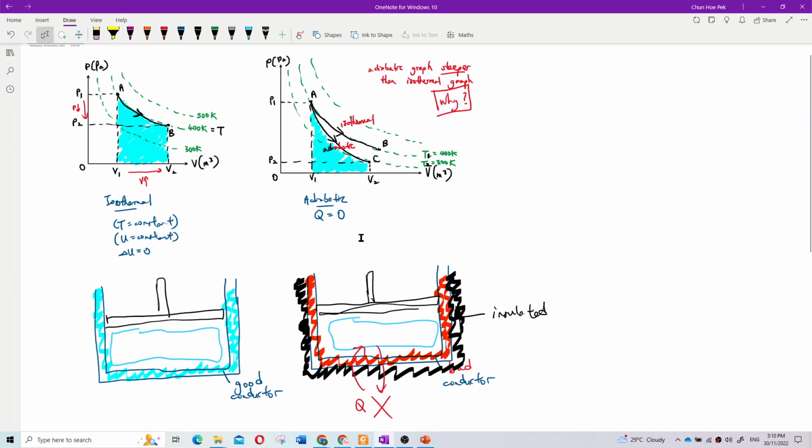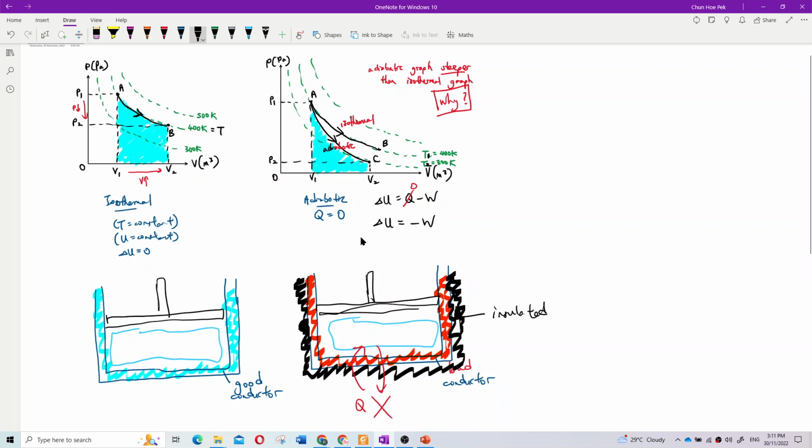Back to our first law, delta U equals Q minus W. When Q equals 0, the formula becomes delta U equals negative W. Correct or not, class?